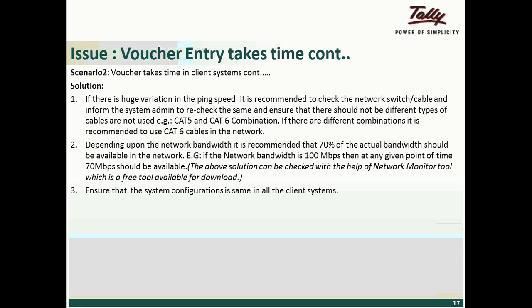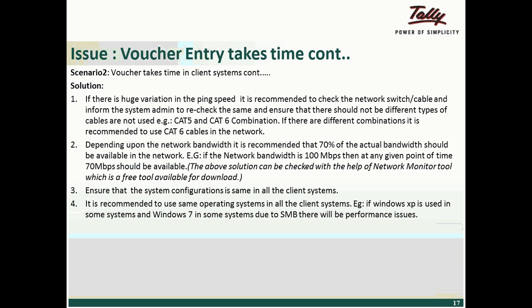Each processor will perform according to its capability. In the case of an i3 with 4 GB RAM, the time taken to accept a voucher may be 3 seconds, whereas on a Core 2 Duo machine with 2 GB RAM, it may take 8 seconds. Processor speed also matters here. It is recommended to use the same system configuration in the client machines.